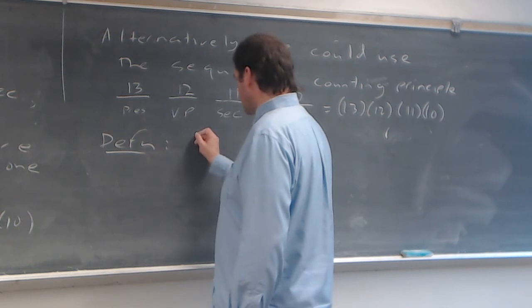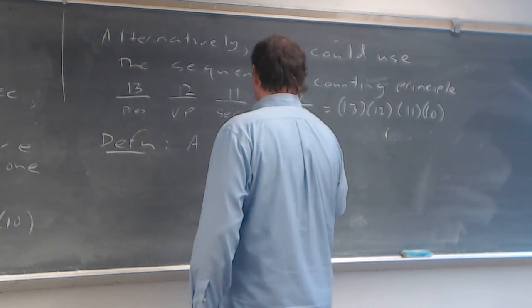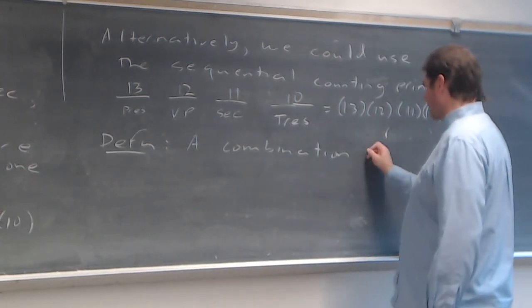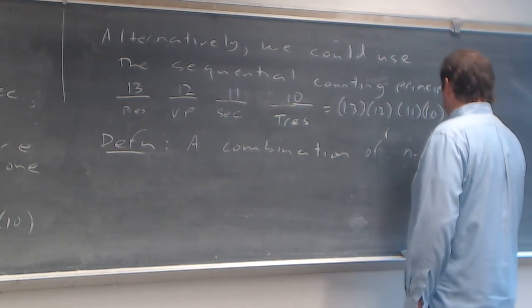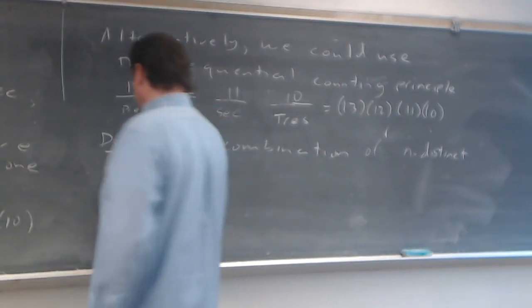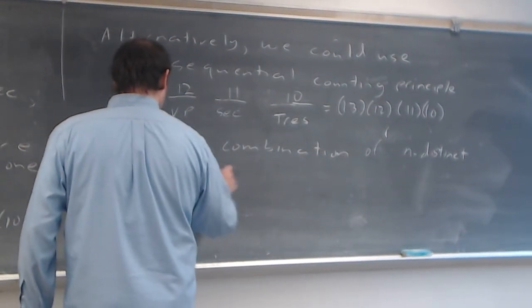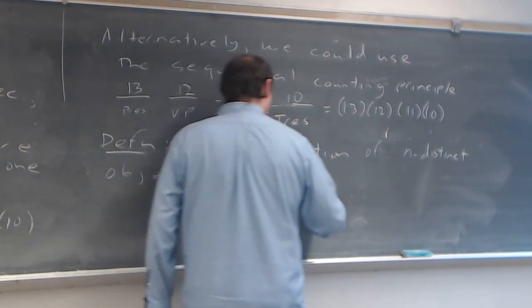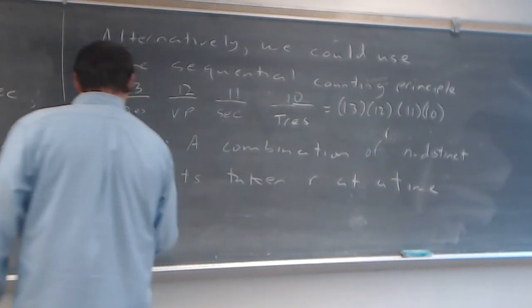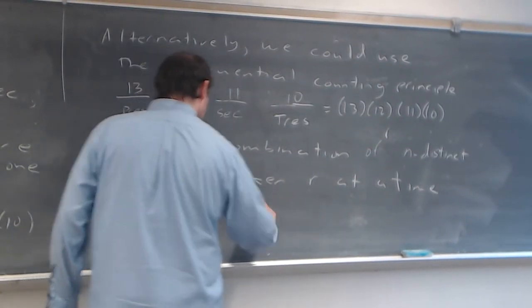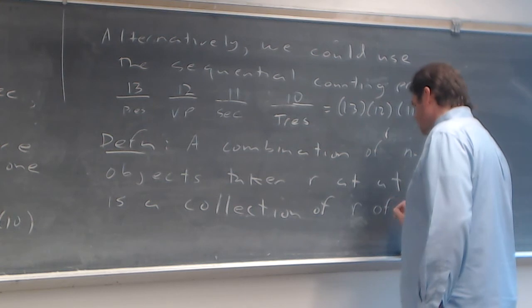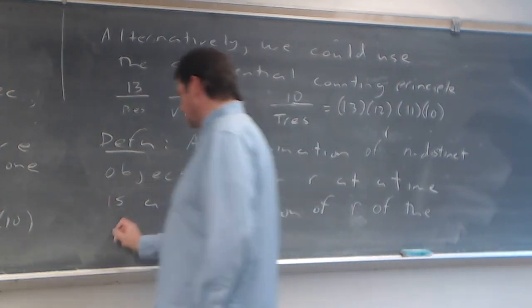A combination of indistinct objects taken R at a time is a collection of R of the n objects.